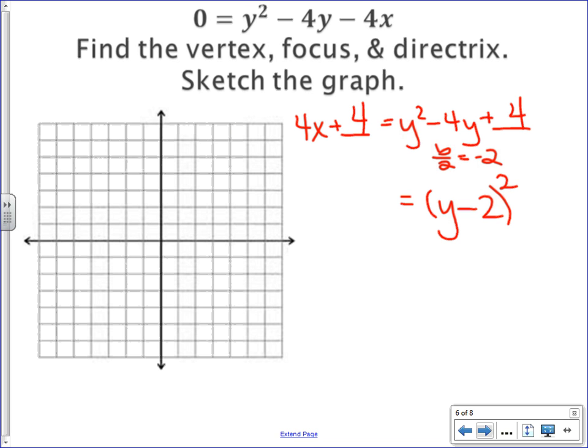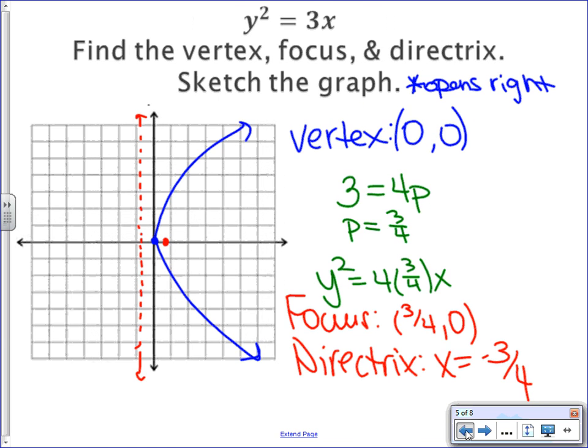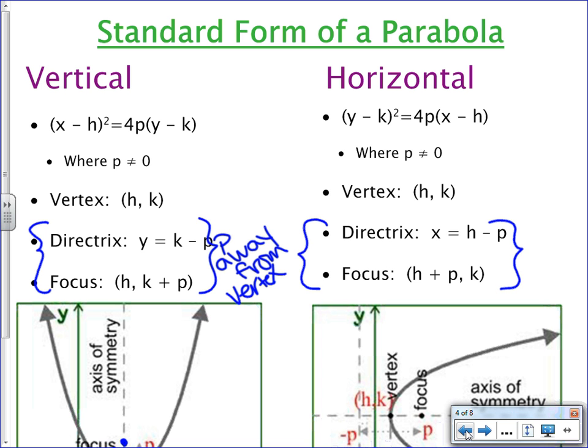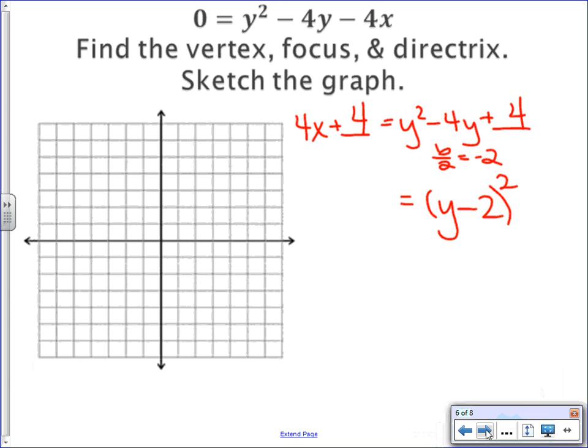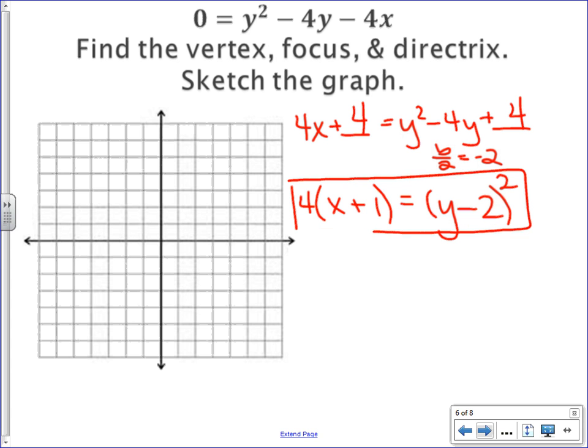Also, if you notice, in standard form the coefficient has to be factored out from the non-squared term. Is there a coefficient for x? It is 4, so we have to factor out the 4. So now we are in standard form.